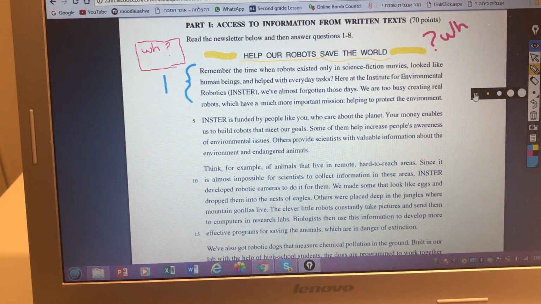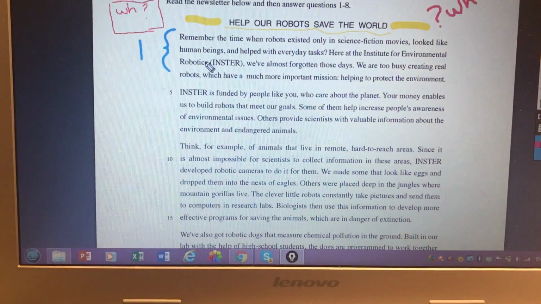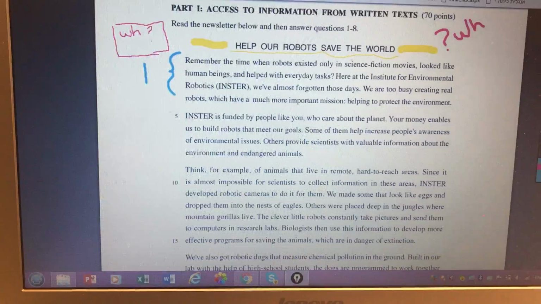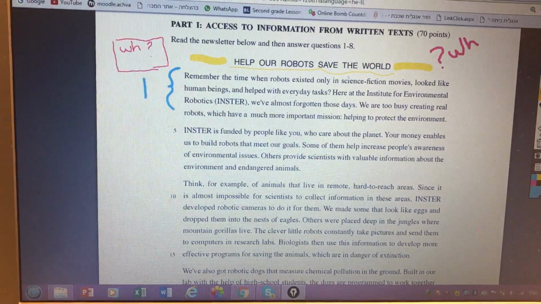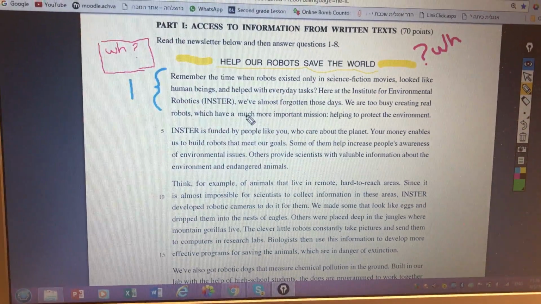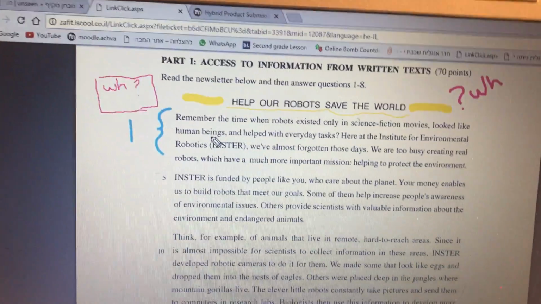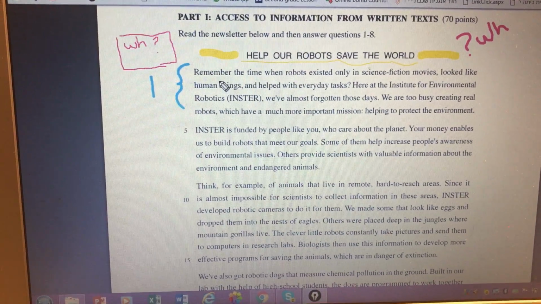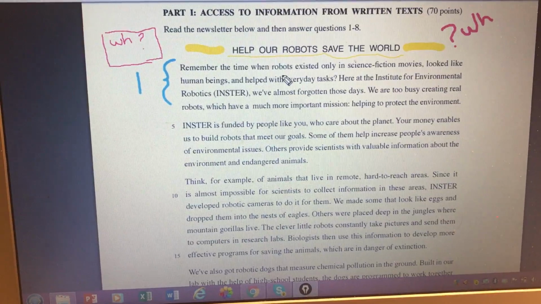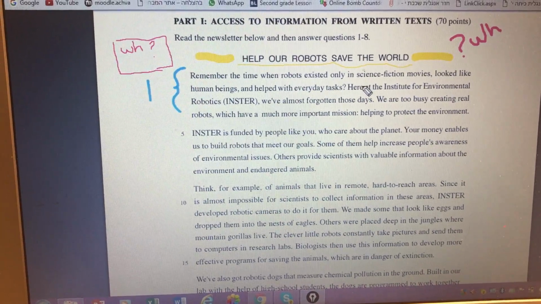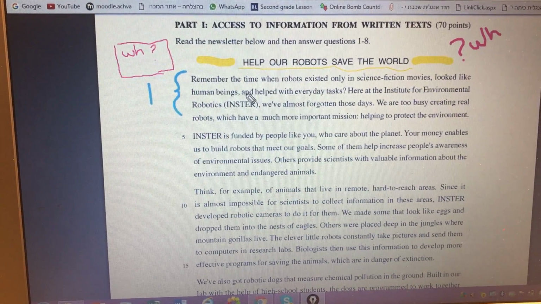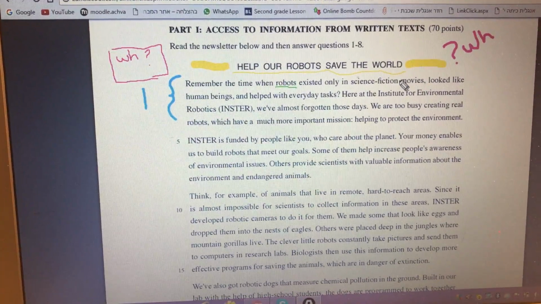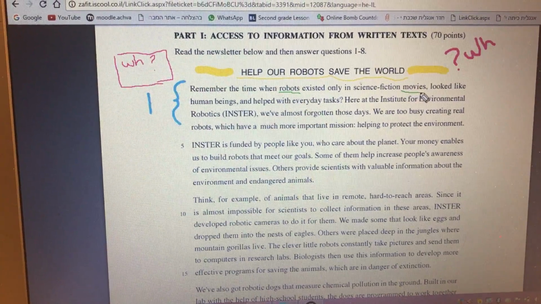I'm going to go back. Let's take a different color and highlight the words that might help us find the keywords that might help us better understand the text. Remember the time when robots existed only in science fiction movies. So here we know they're talking about the robots, and they're talking about movies.